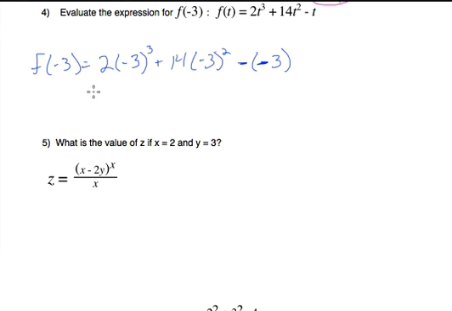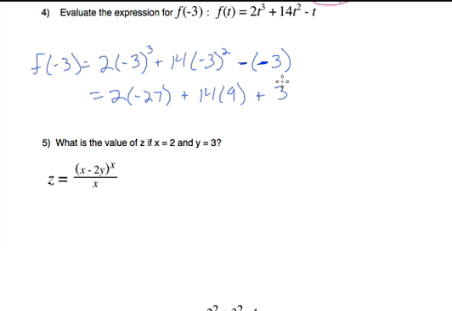So now this should be easy. Negative 3 cubed is negative 27, so 2 times negative 27. And negative 3 squared is 9, so that's going to be 14 times 9. And then minus negative 3 is plus 3, and that's pretty simple.